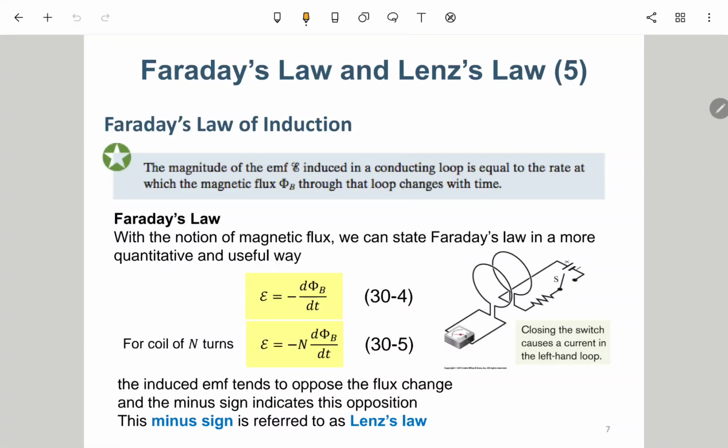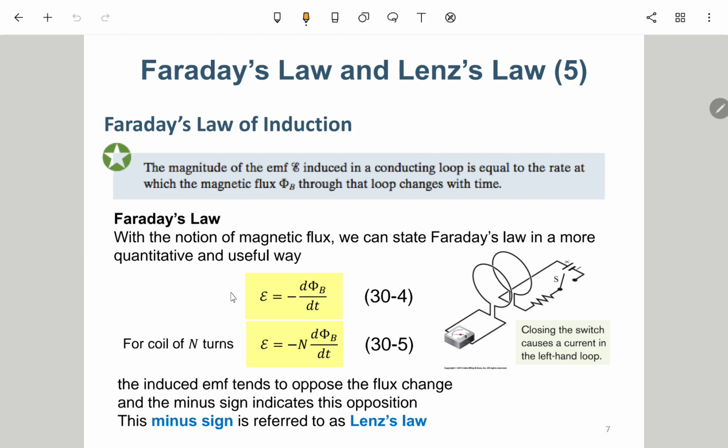So here's a highlight. It says the magnitude of the EMF induced in a conducting loop is equal to the rate at which the magnetic flux through that loop changes with time. This is actually Faraday's law itself.